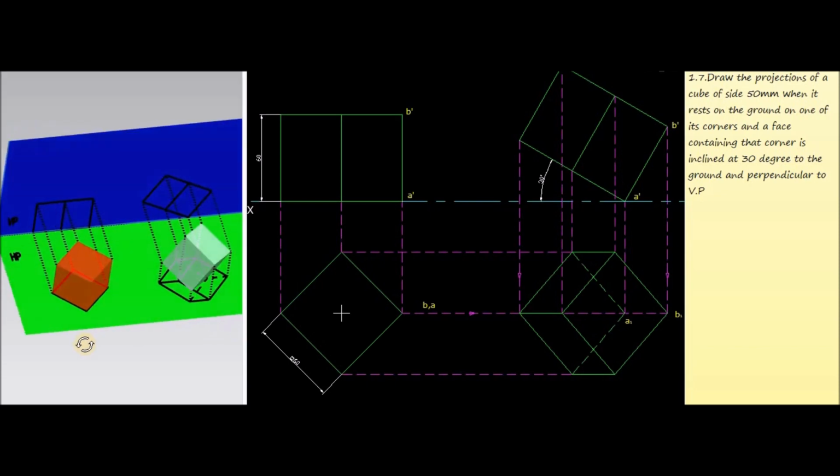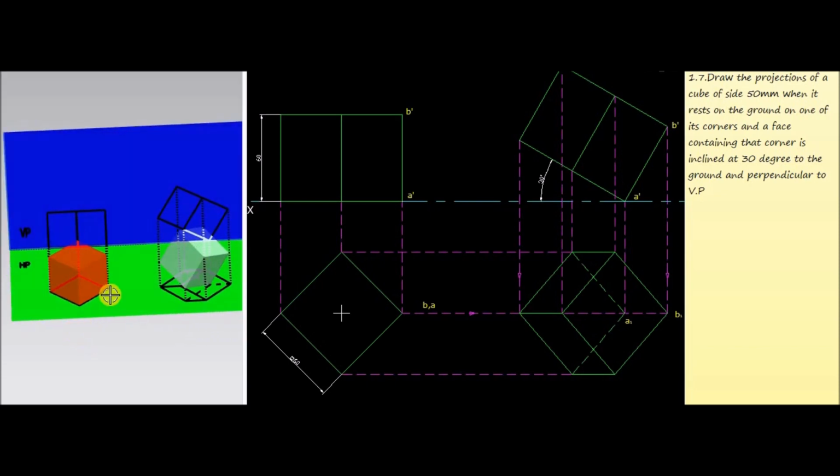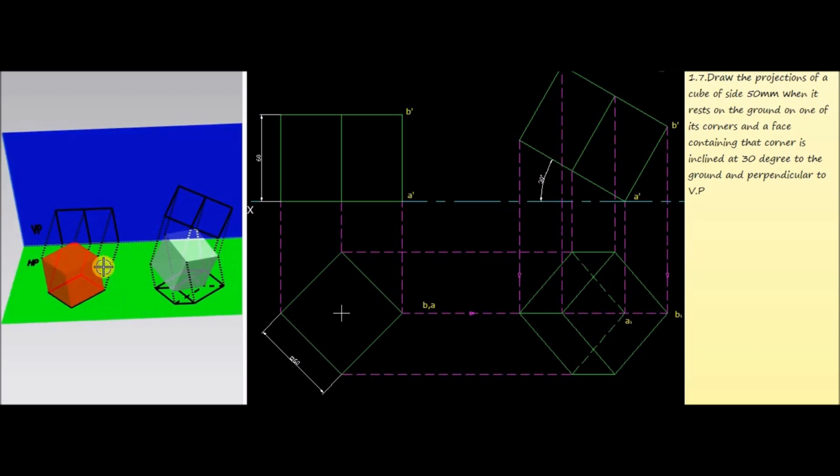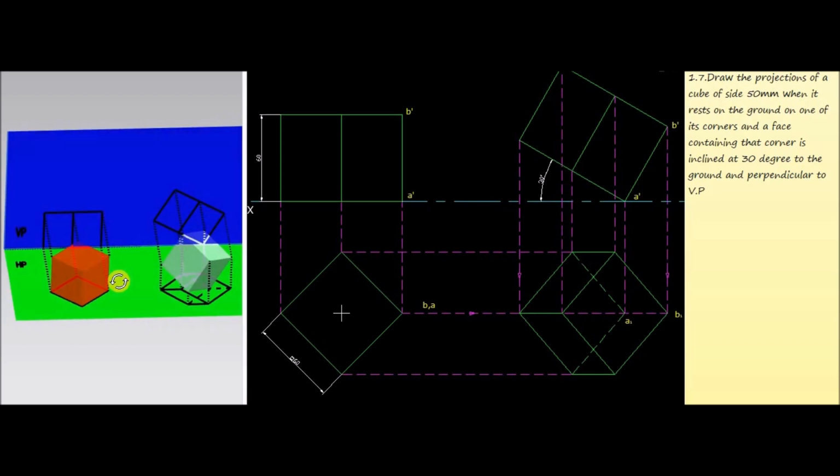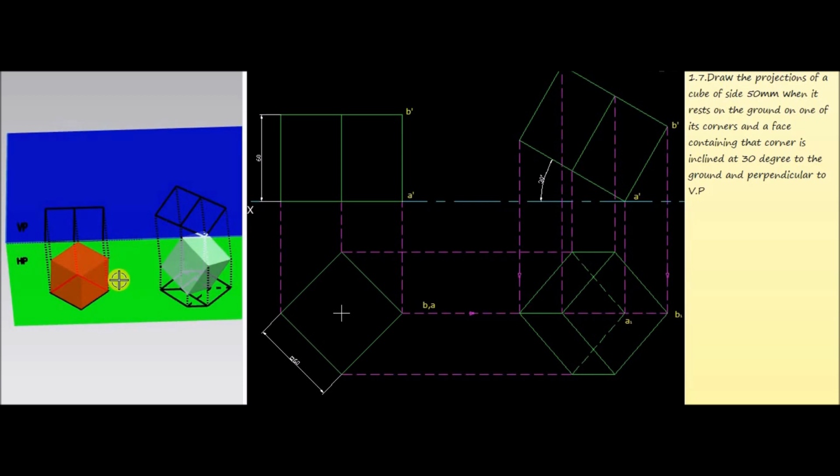This is the cube. Let the bottom corner represent point A, and the top corner represent point B. Now in the question it is given that the cube is resting on HP on one of its corners.